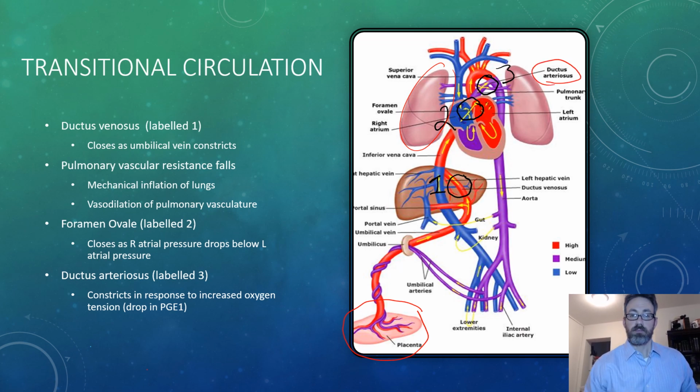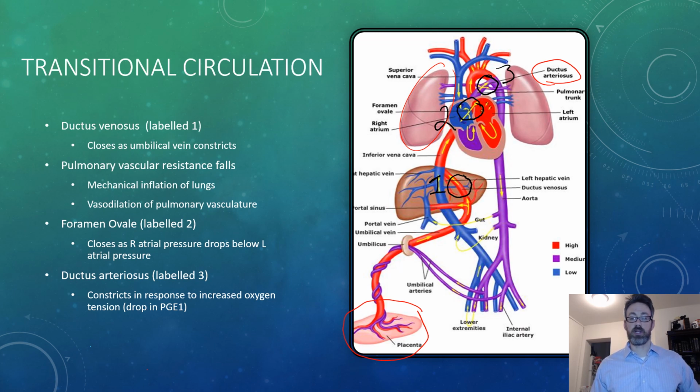Now, what happens is this: when the lungs inflate, when the baby takes that first cry or breath, the lungs mechanically stretch and pull open a lot of the arteries, and at the same time the increase in oxygenation causes vasodilation in the lungs.